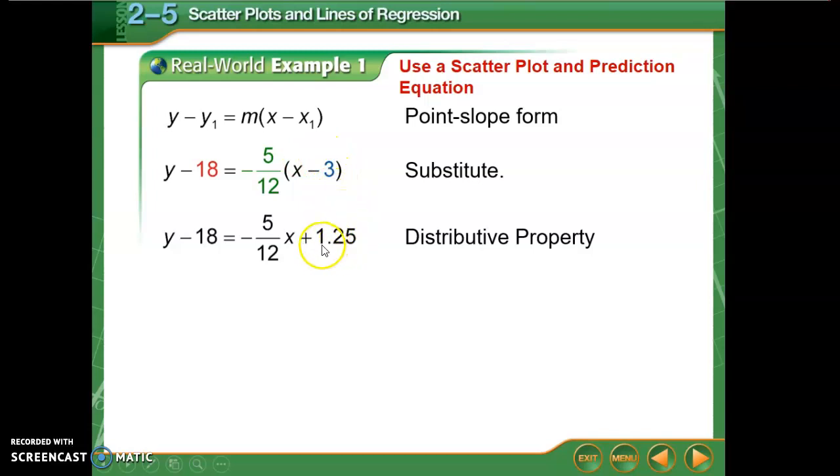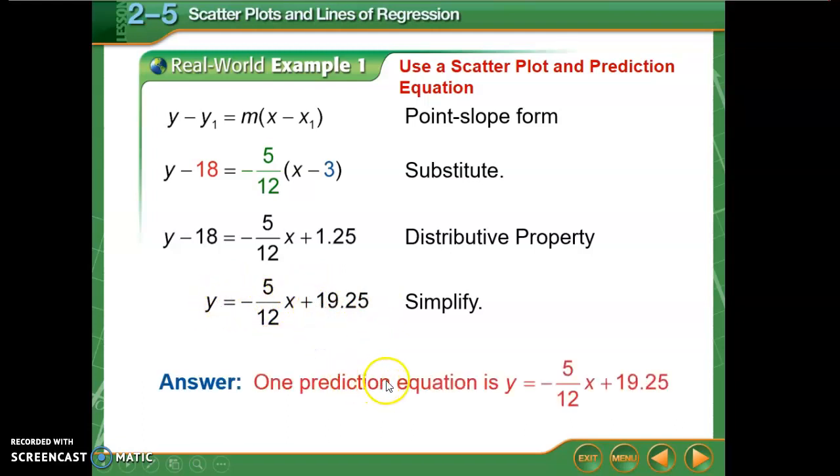That will turn into positive 1.25, and then you add 18 to both sides. So you will get negative 5/12x plus 19.25. So this is what you call the prediction equation. Okay, so that's how you use the formulas.